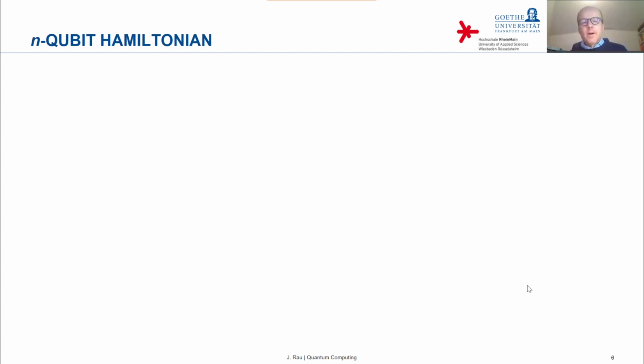So we are talking about some assembly of n qubits with a Hamiltonian. What is the most general form of such an n qubit Hamiltonian?